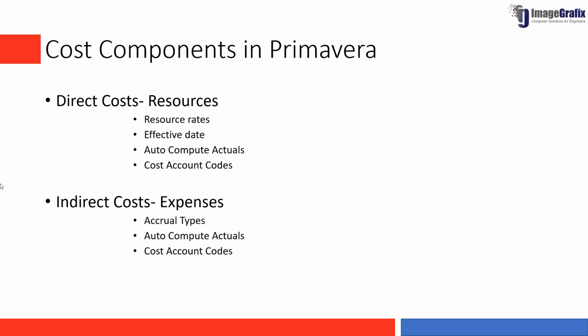In that, you have an option for accrual type, whether you want to accumulate the expenses at the start of the activity, at the end of the activity, or uniformly over the activity. Those can be managed using the accrual type. Here also you have auto compute actuals and cost account codes, using which you can track the spending in the project.